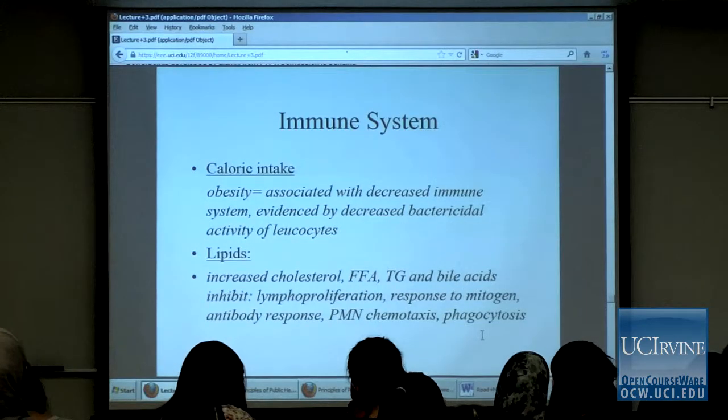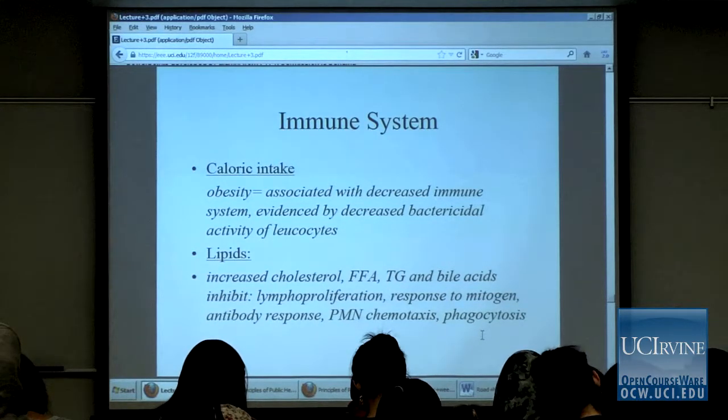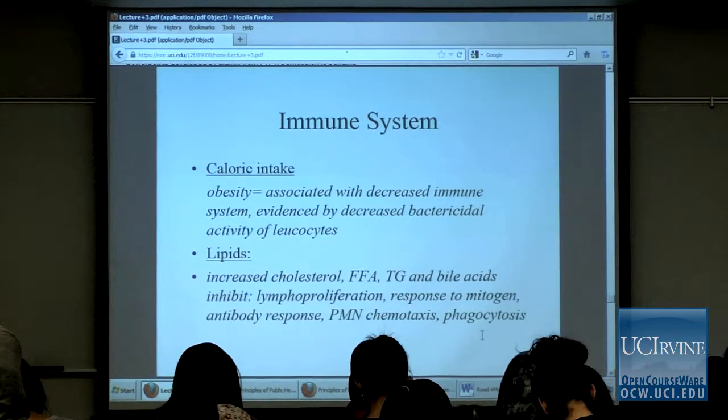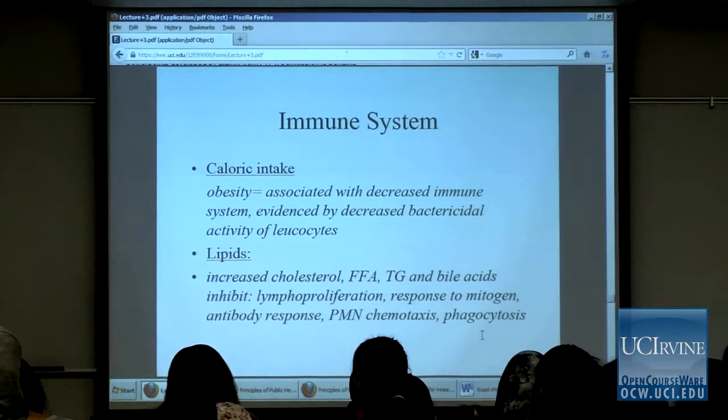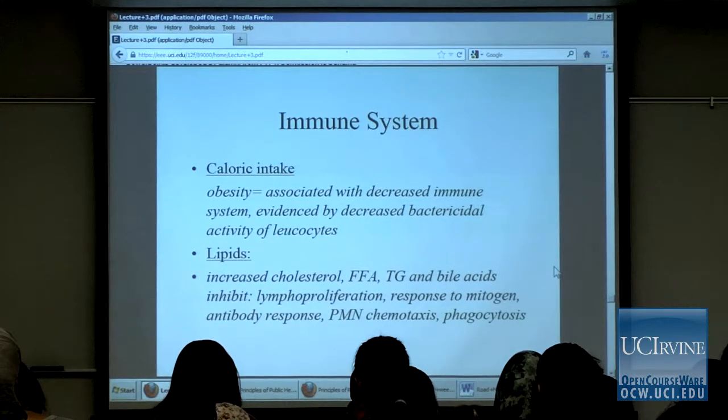So caloric intake, lipids. It means what is your dietary fat intake? If there is a higher level of cholesterol, free fatty acids, triglycerides, and you consume that, you are decreasing the immune system. You probably see some titles or names like leukocytes, phagocytes, natural killer cell activity and all of that.